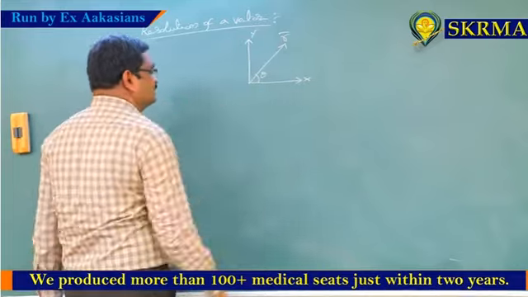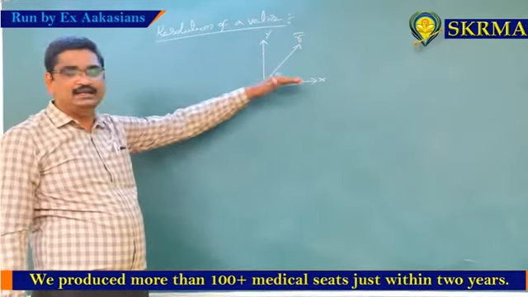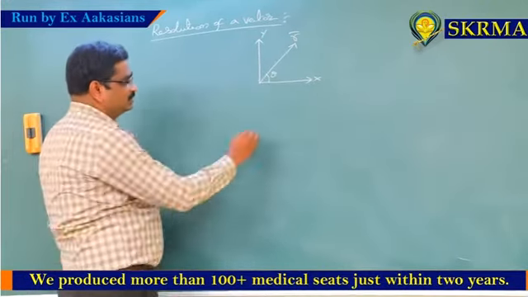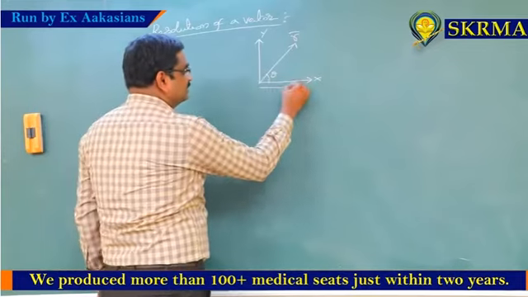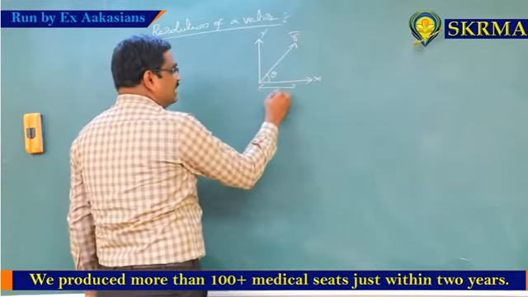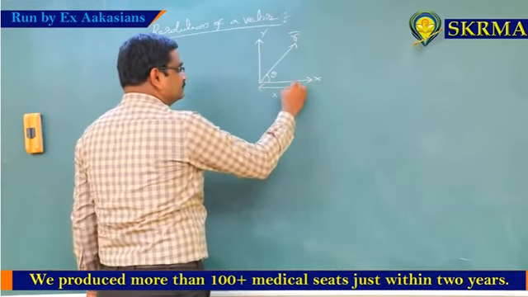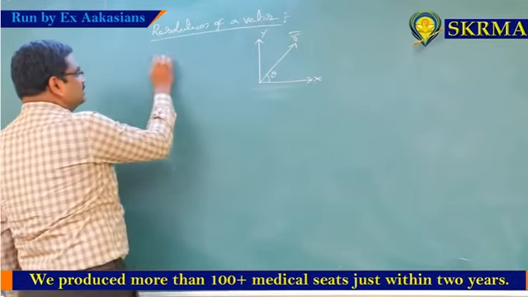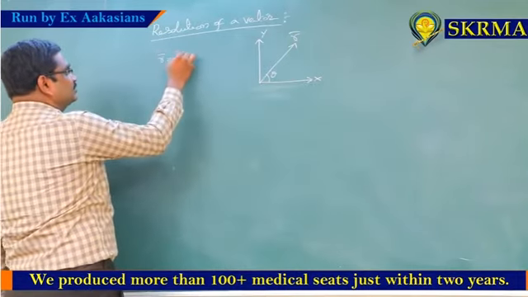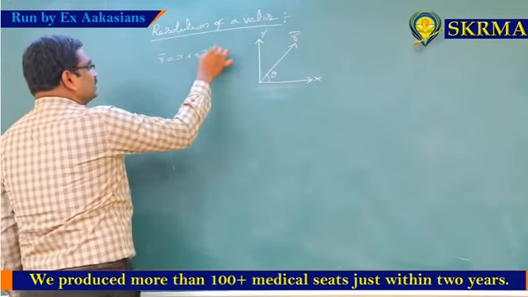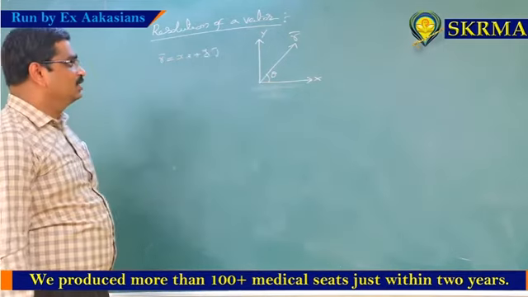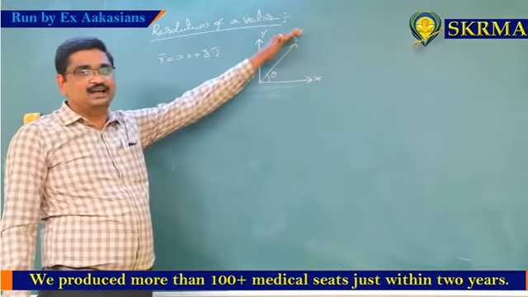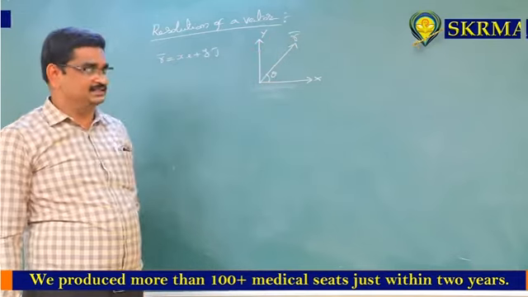In this case, r bar is making an angle theta with the x axis. The length along x is, let it be x. Our position vector is r bar equal to x i plus y j. What is the component of this vector r bar along the x axis?